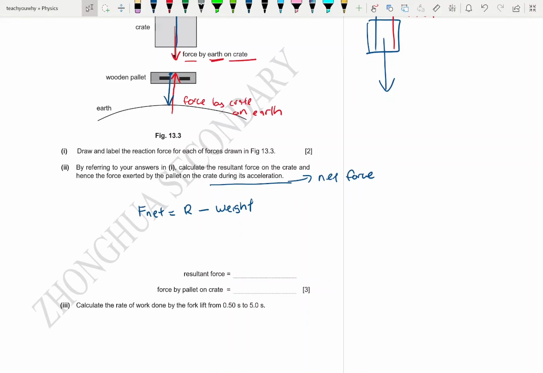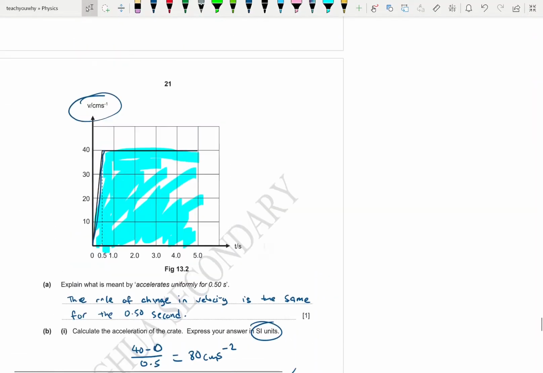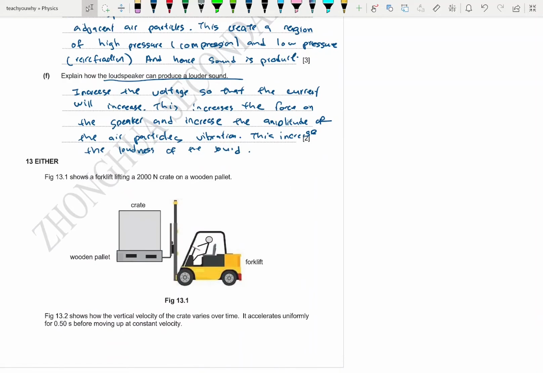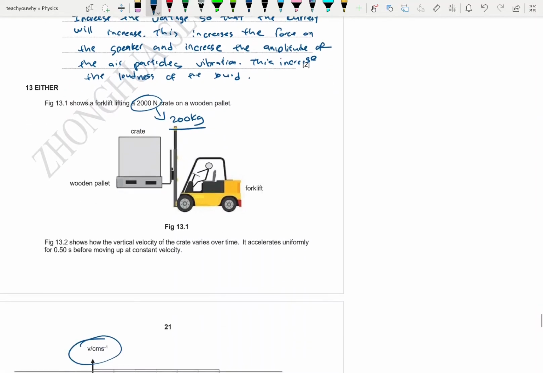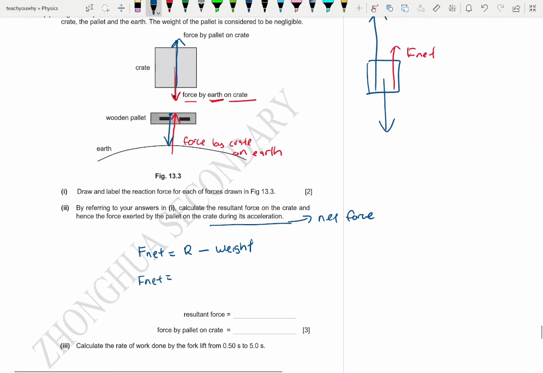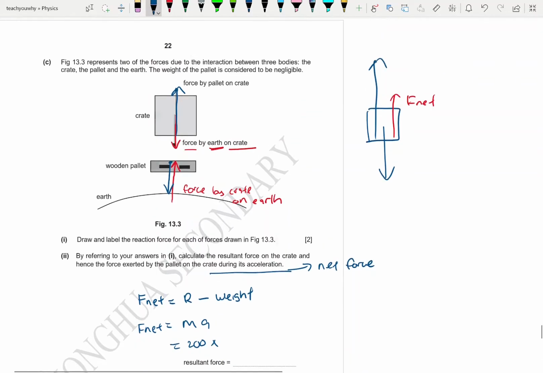So let's find the resultant force first. F net is equal to, what's the mass of the crate? 200 kg. So F net equals M A equals 200 times acceleration.